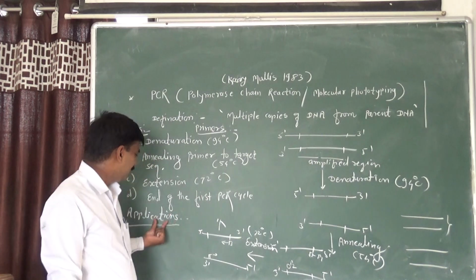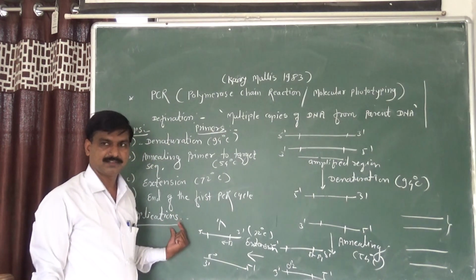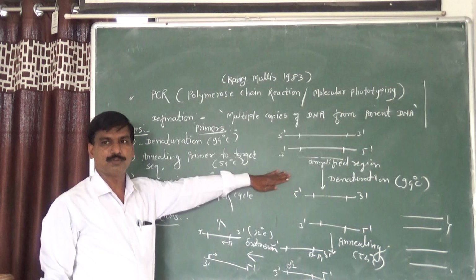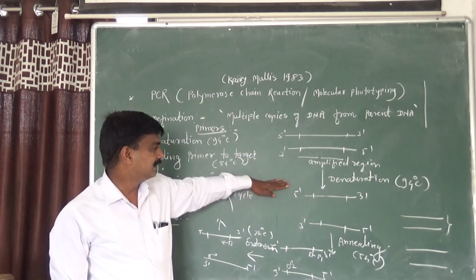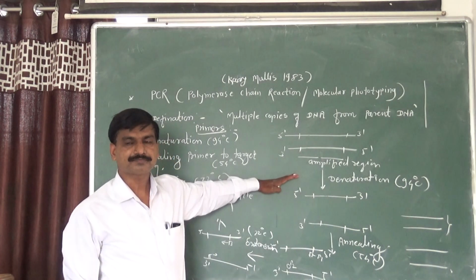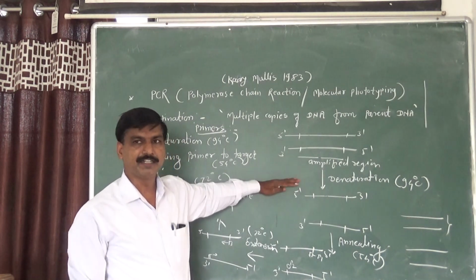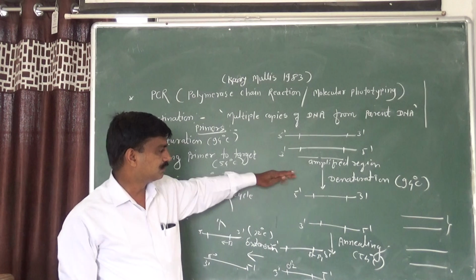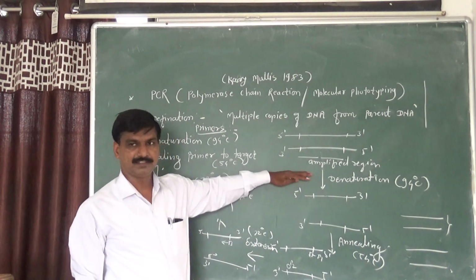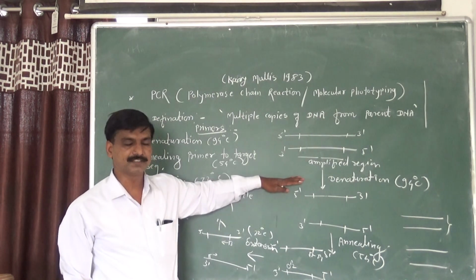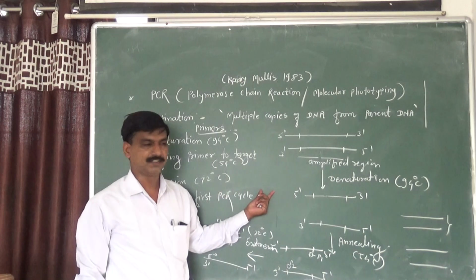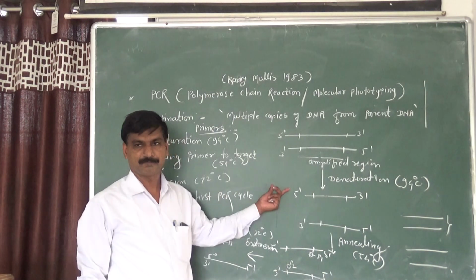Now the applications of PCR. It is useful in forensic labs and forensic techniques, and also for medicinal uses. Genetic material can be identified, and in criminal cases DNA fingerprinting can be done.